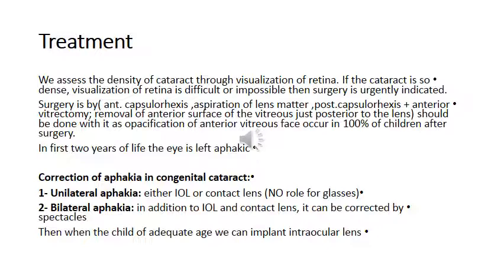And this is the note here, when the child is of adequate age we can implant intraocular lens. So this is very important. You need to know at least what are the additional steps in pediatric surgery and what is the meaning of unilateral aphakia and bilateral aphakia.